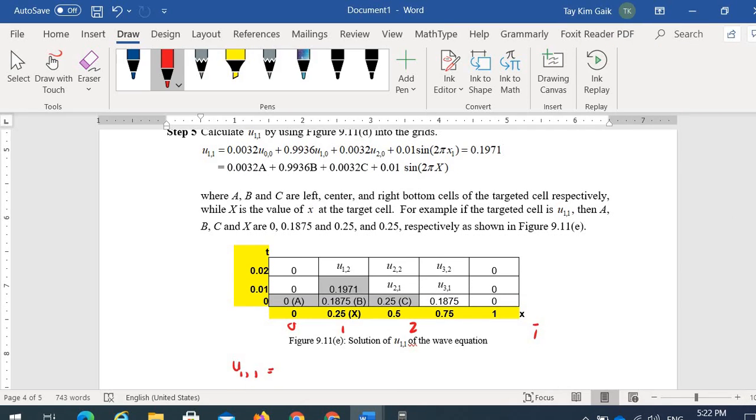If we have U21, it's the same operation, only the value changes. U21 here depends on this cell U10, 0, plus 0.9936, 0 plus 0, plus 0.01.